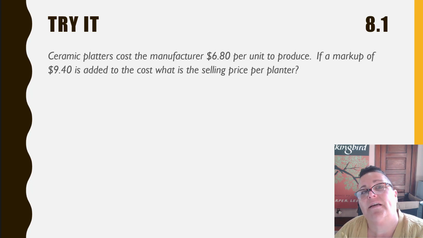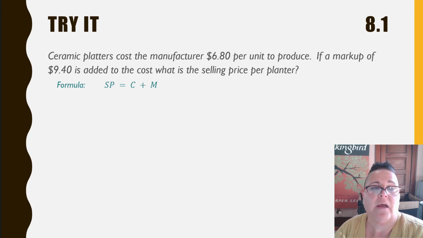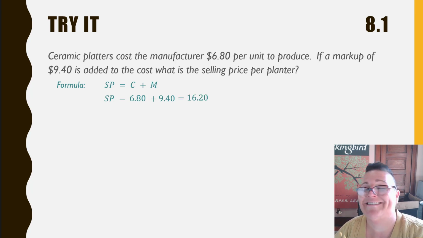So our formula and overreaching concept says that the selling price has to equal the cost plus the markup. I know the cost in this particular problem is $6.80, and I know the markup is $9.40. So I just need to add those two together, and I get $16.20. So the selling price per platter is $16.20.